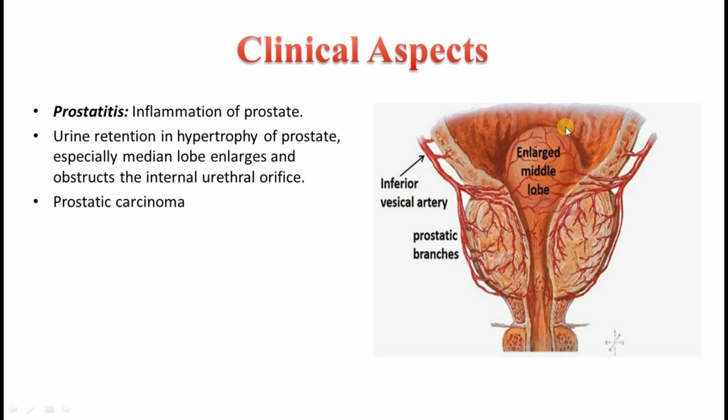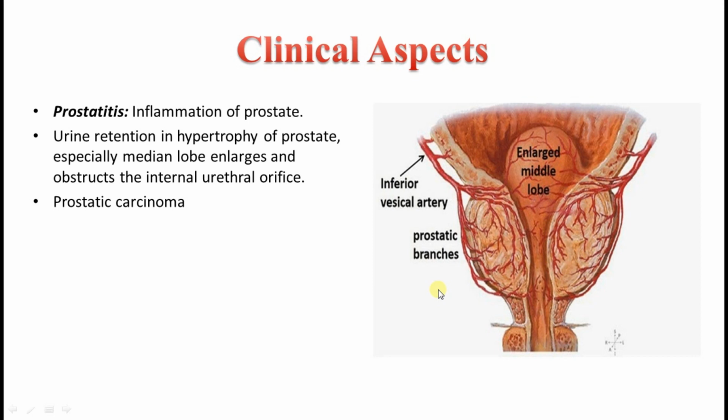Urine is getting blocked inside the bladder, not able to evacuate completely, and the more pressure is given to micturate, this acts like a ball valve, and the more it will compress. So that is mainly the benign hypertrophy of the prostate.